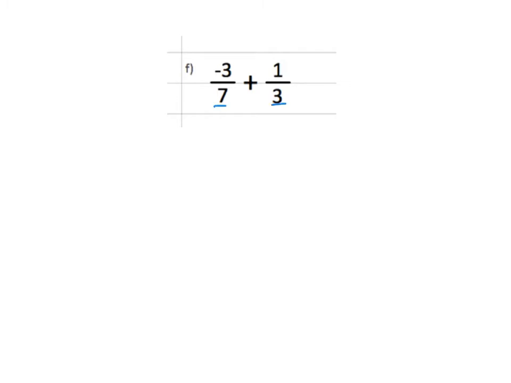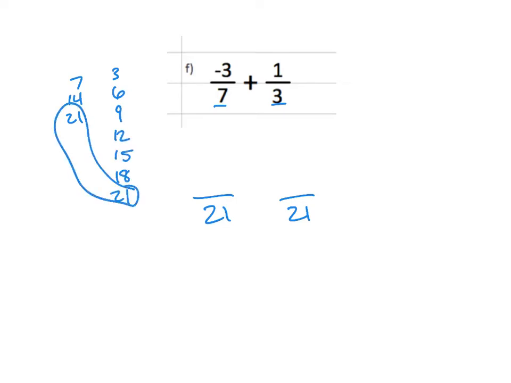Common denominator would be 21. And again, if you have to list the numbers off to the side, 3, 6, 9, 12, 15, 18, 21, there it is. Please do so. 7 times 3 gave me that 21. So 3 times a -3 is a -9. 3 times 7, so 1 times 7 is 7.